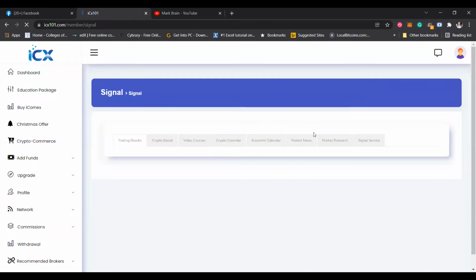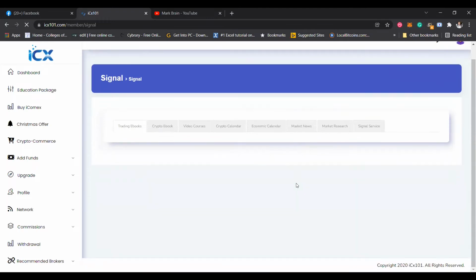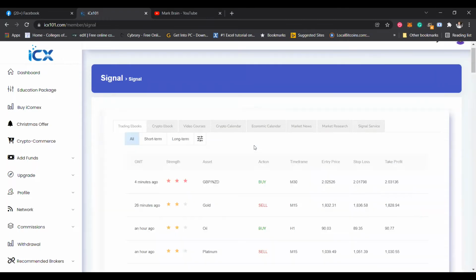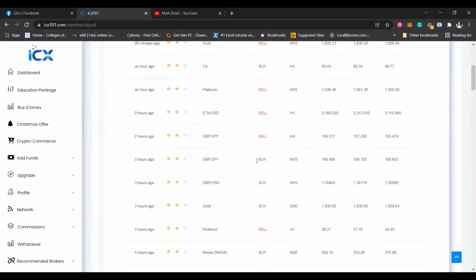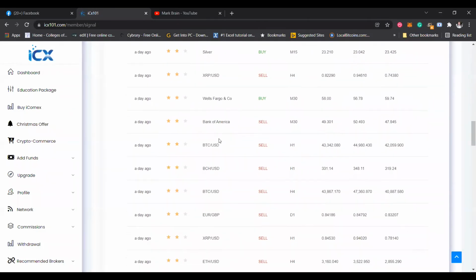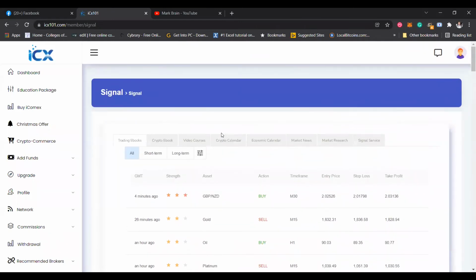So when you click on signal service, we have the settings and the type of signal you want. Even though ICX gives you all signals all around, you can still decide what you want.